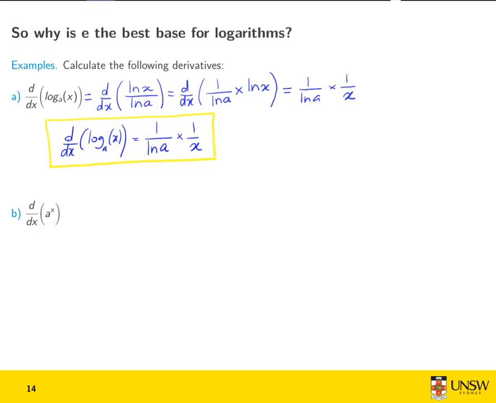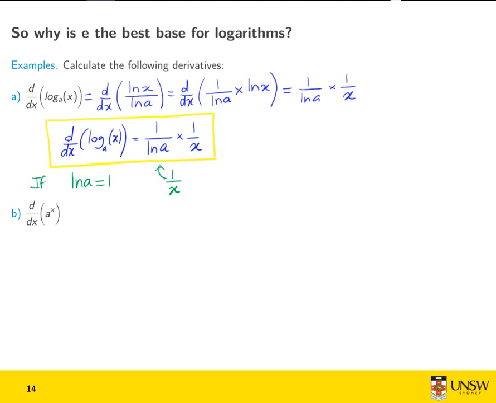Another thing you could say is, hey, I don't want this ugly constant in my formula. Well, one way to get rid of that would be if your ln of a was 1, right? Assume ln of a is 1, then your derivative would just become 1 times 1 on x, and it would be 1 on x. That's much nicer, right?